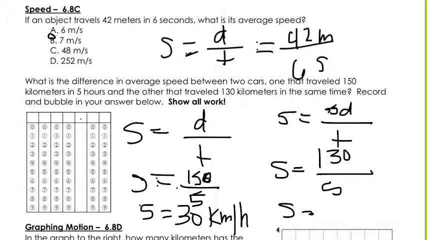So this one's speed is 26 kilometers per hour. So if you subtract, because it's asking you to find the difference, you should have gotten 4 kilometers per hour.